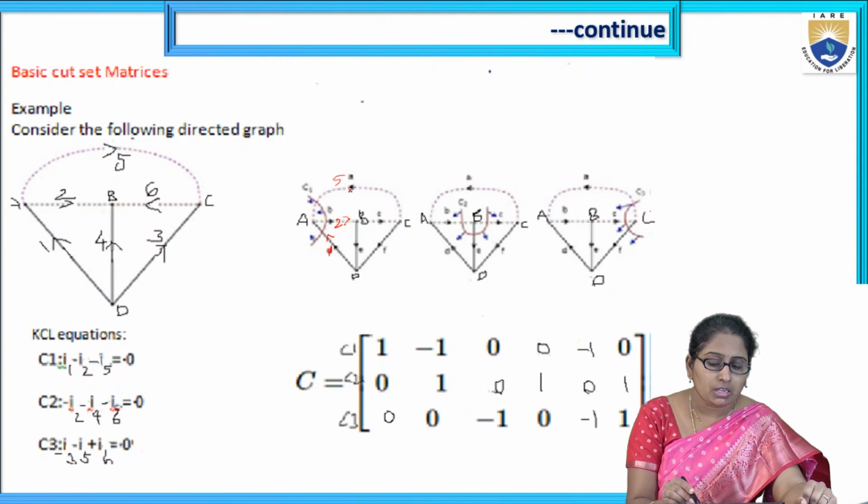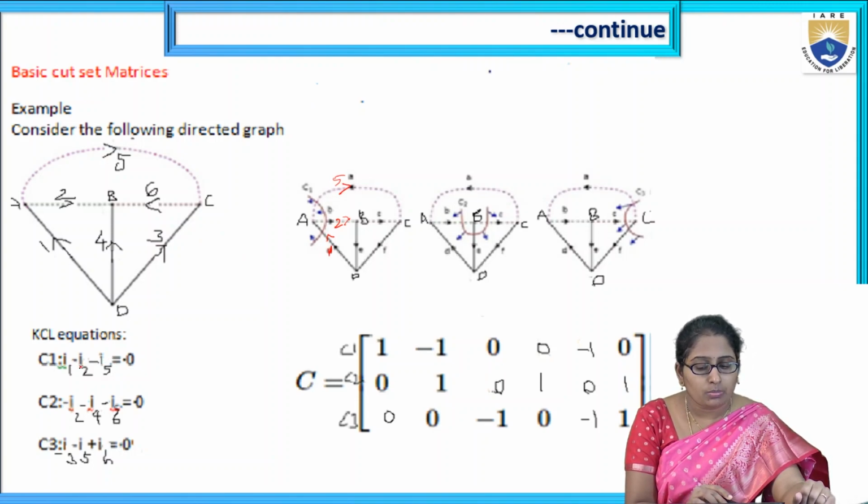Branch 5 current is also opposite to the C1 direction, which we have taken to the left side, so minus I5. The cut set has only 3 branches, so the equation is I1 minus I2 minus I5 equal to 0.